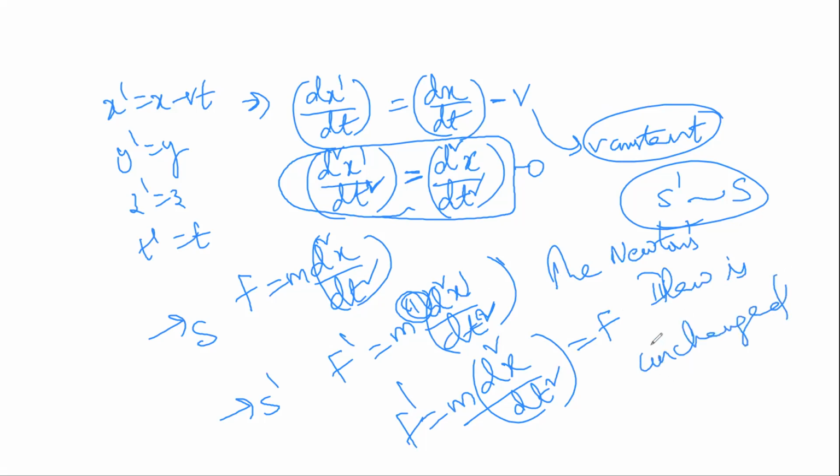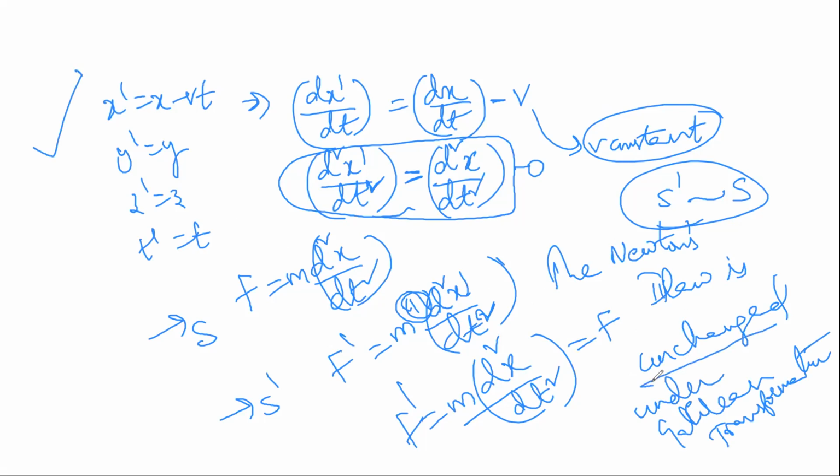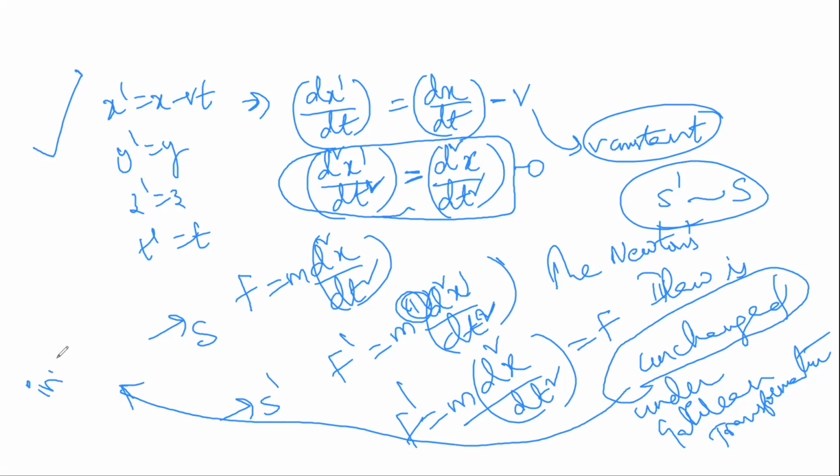Okay. Under what? Under Galilean transformations. The Galilean transformation is a basic example that we have taken. So Newton's second law is unchanged under Galilean transformation. So this is called the unchanging principle. That means there is no change, that is, there is no variance. This is called Galilean invariance.